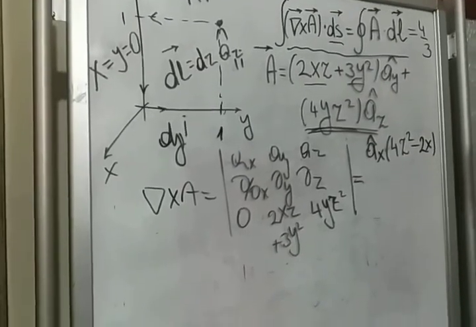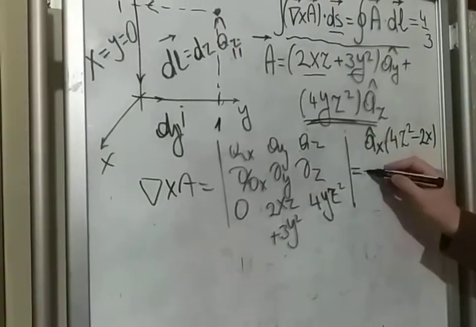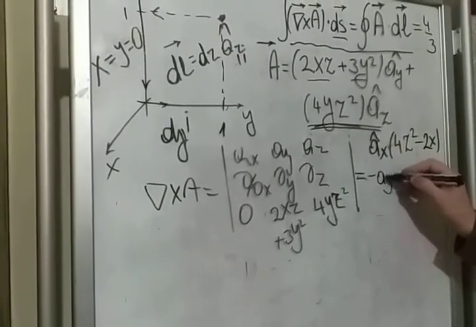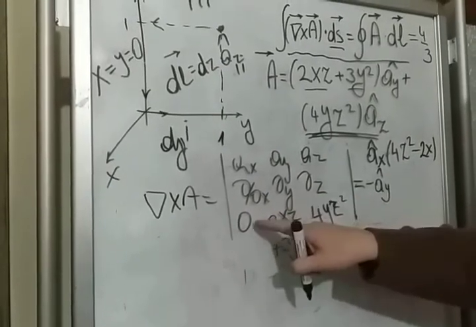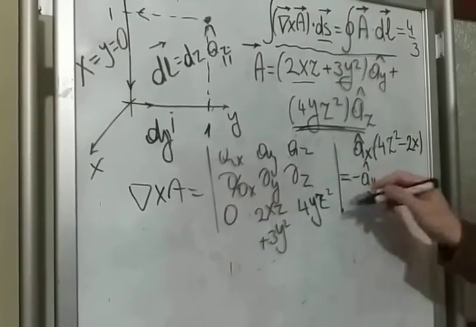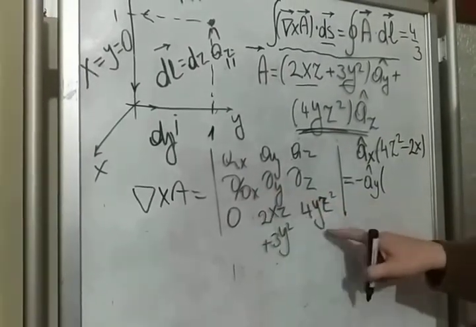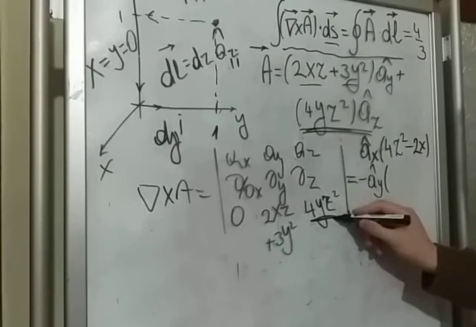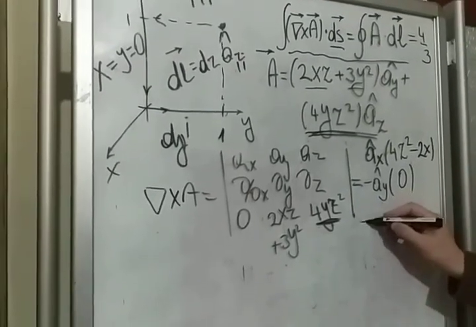Then along the Y, let's see if we are going to have any term along the Y. So we do this minus AY. We'll take the derivative of this term with respect to Z, which is 0. The derivative of 4YZ squared with respect to X is also 0, because we see no explicit dependence on X. So this is a whole 0, plus AZ.